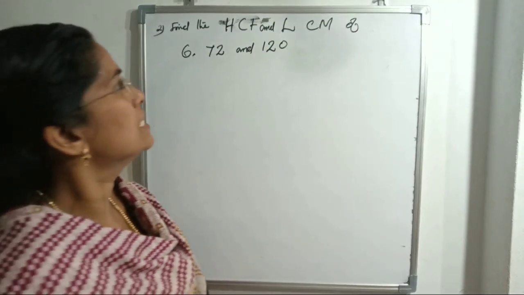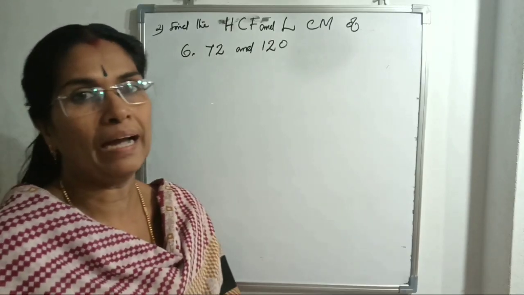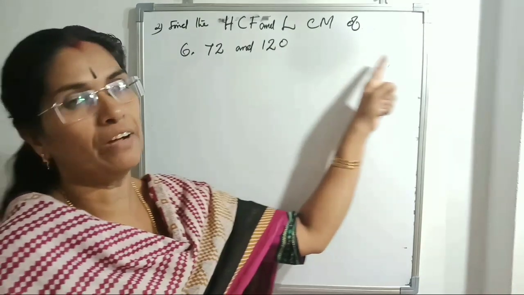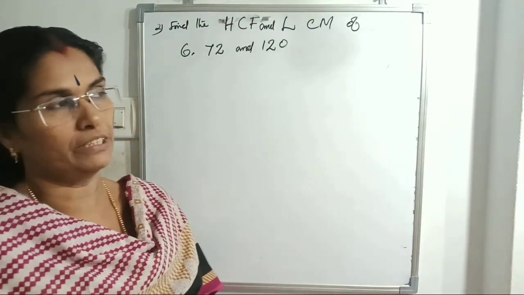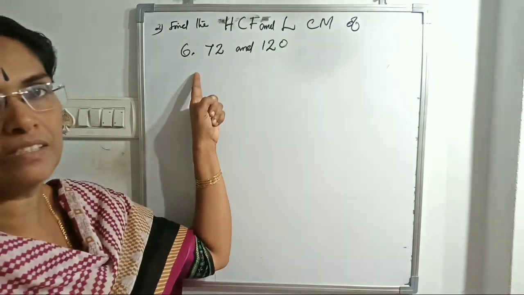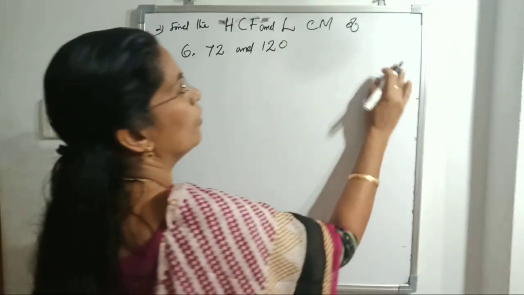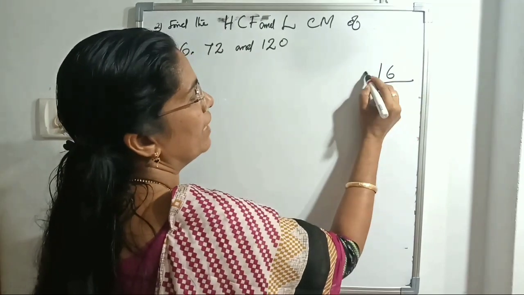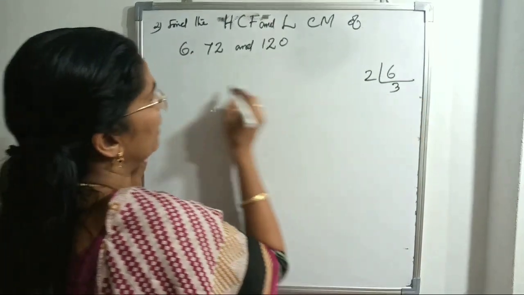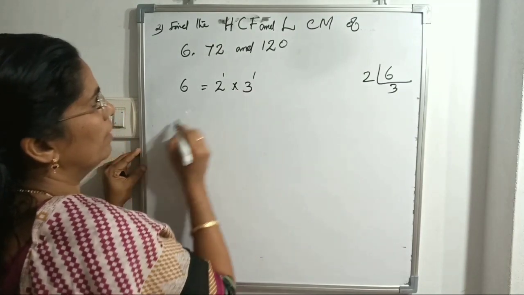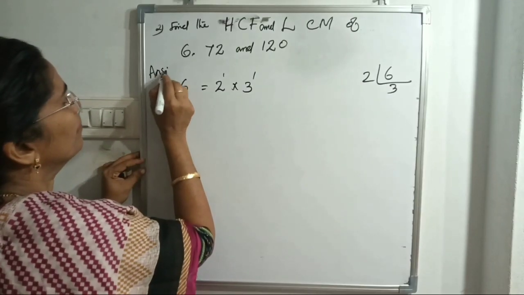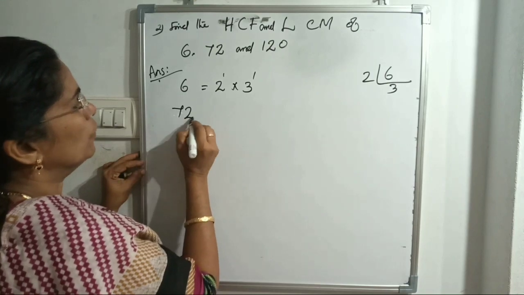We can do one more question. Find HCF and LCM of 6, 72 and 120 by the prime factorization method. I didn't explain how to use the prime factorization method. So first, find the prime factors of 6. 6 we already learnt: 2 raised to 1 into 3 raised to 1. Next, 72.